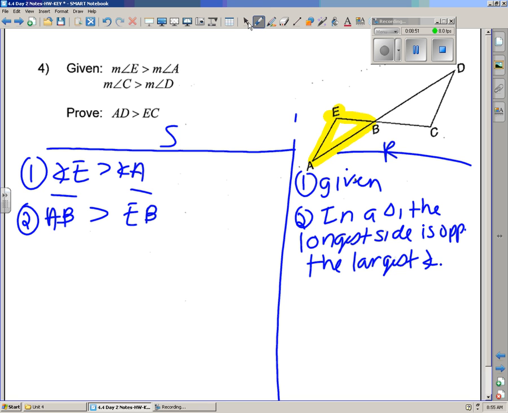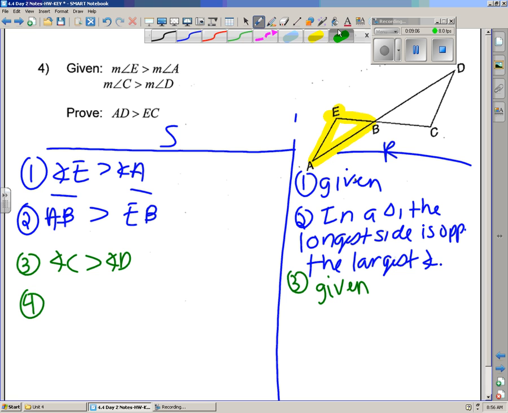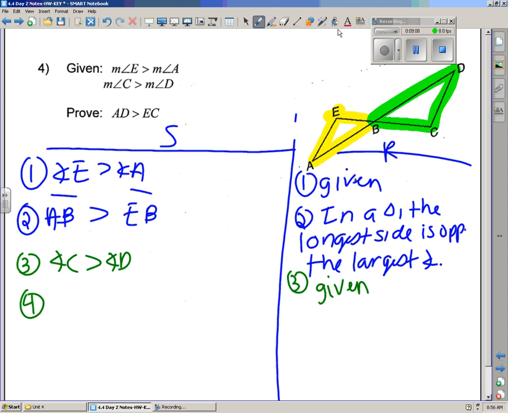So if we talk about the second given, sorry, which is C is more than D, which is given, then in that particular triangle, we can do the same idea.